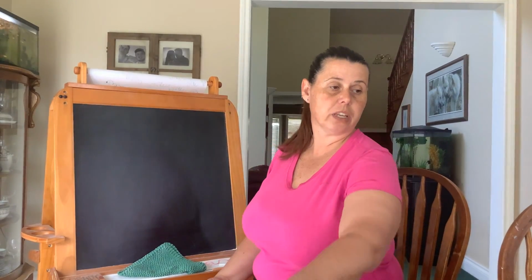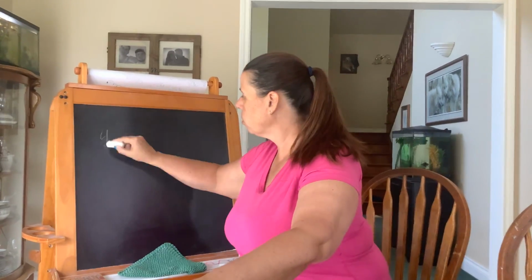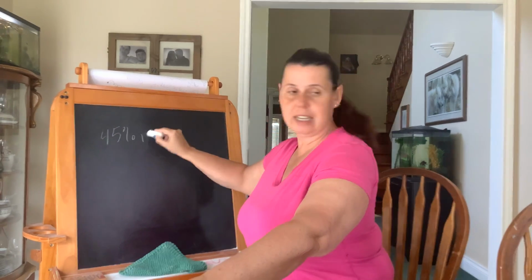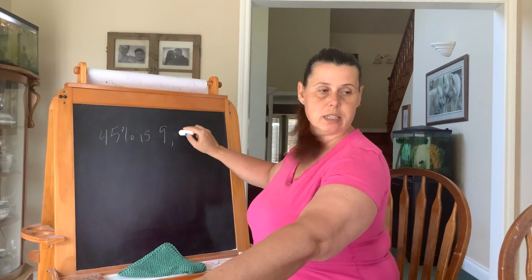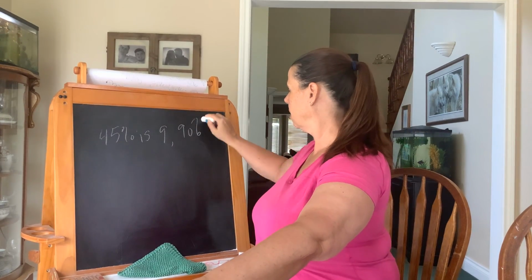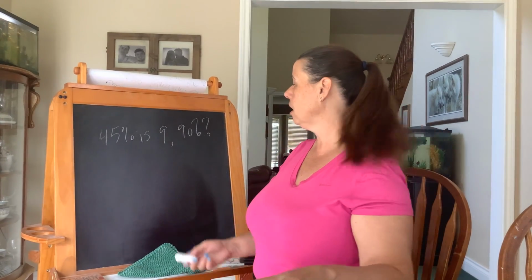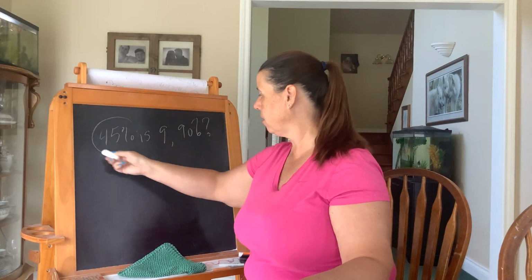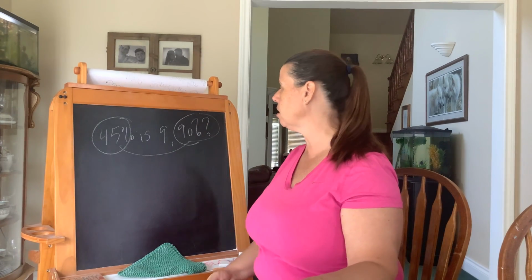Number 9. If 45% is 9, what is 90%? Okay, so here's what you have to do. You need to look at what you have and find out the relationship to what you need to find.